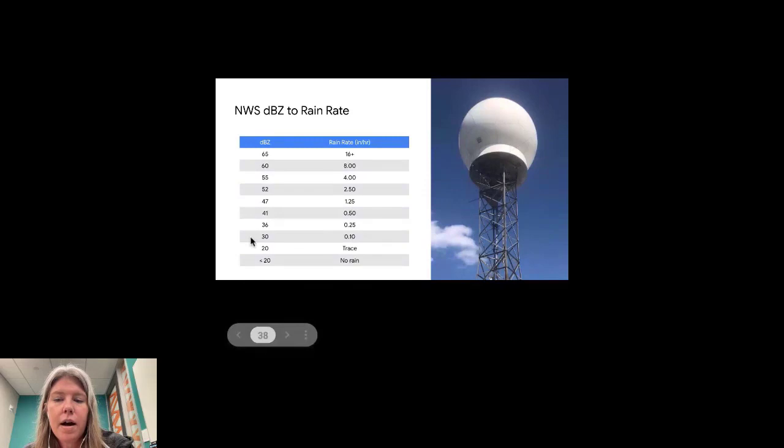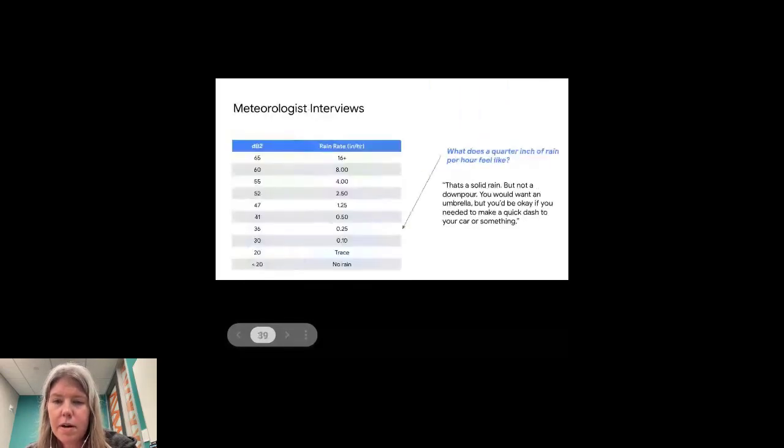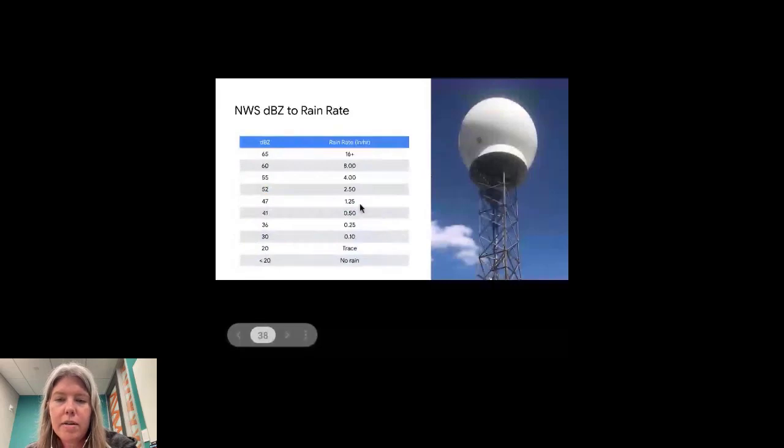But I put this up here because nothing about the way that we get this data is intuitive. I don't think anybody really has an intuitive understanding of what 0.1 inches per hour feels like compared to 0.2 inches per hour. So presenting this information is hard.